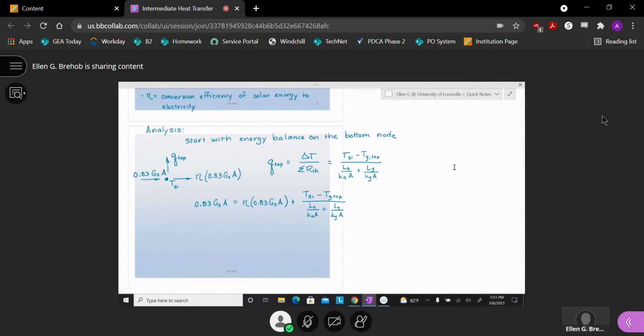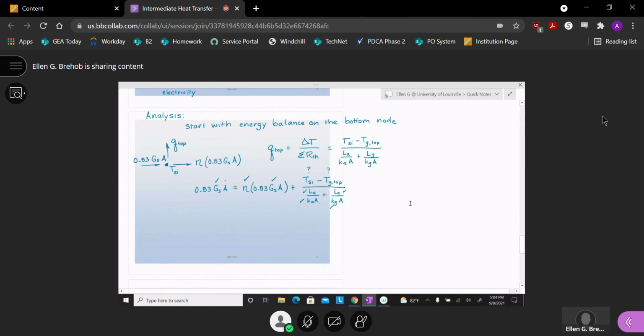I haven't provided all of the information, but let me put little checks over. We know, and this area is going to cancel on each of these, so I'm not going to worry about area. We know eta, we know this, we know. So the things we don't know are these two temperatures. Okay, but two temperatures in that single equation, I can't solve it.